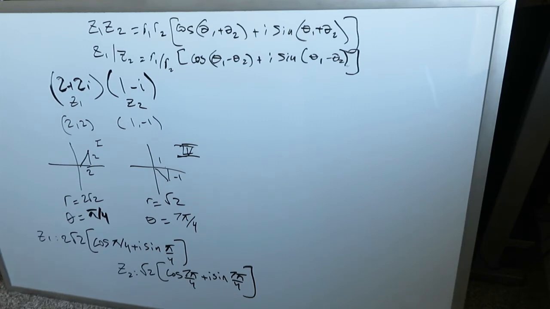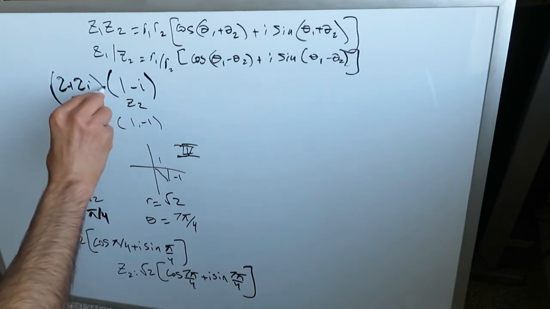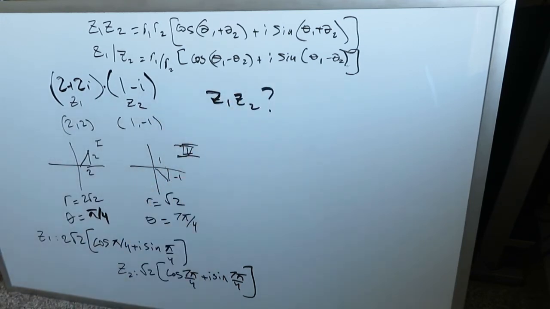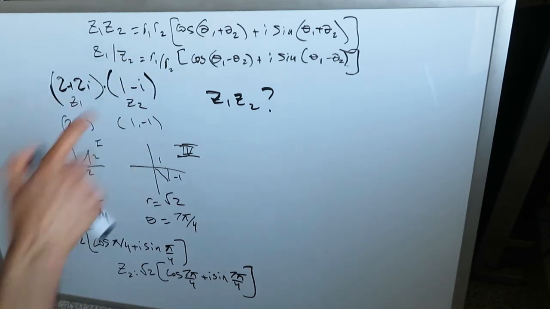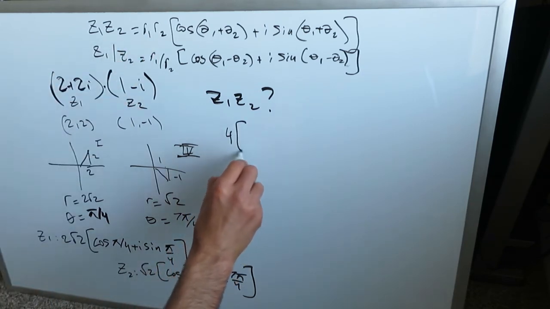Now we have to actually carry out the operation. What's our operation? These two are multiplying. You have to find z1 z2. That is not going to be hard. You're just going to put everything in this formula over here. Here's my r1, here's my r2. 2 root 2 times root 2 is going to give me 4.